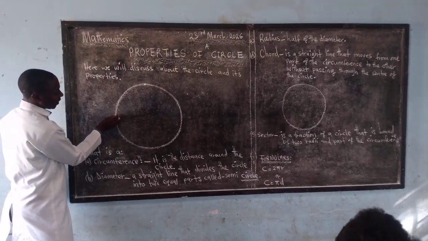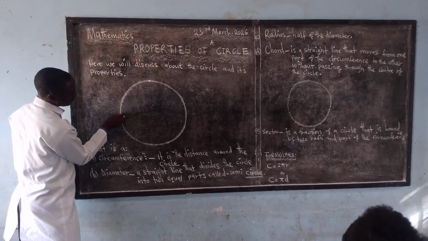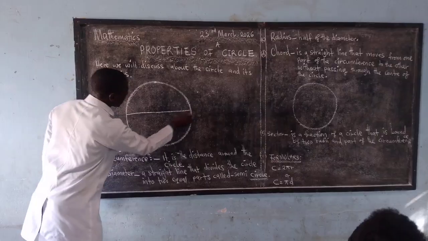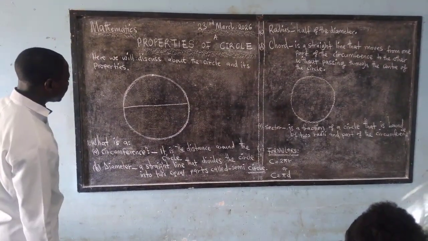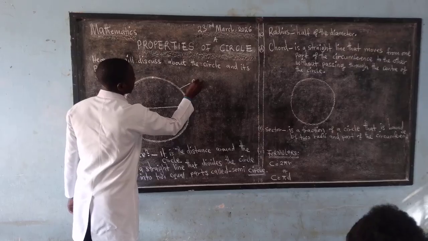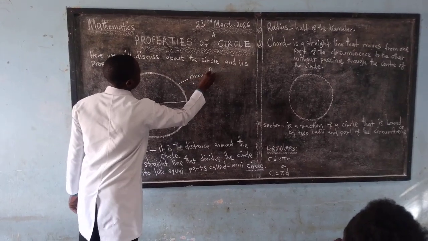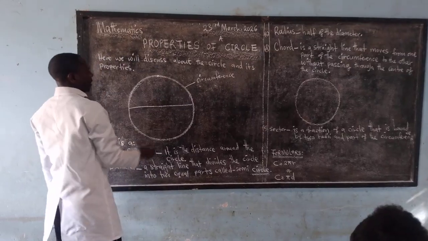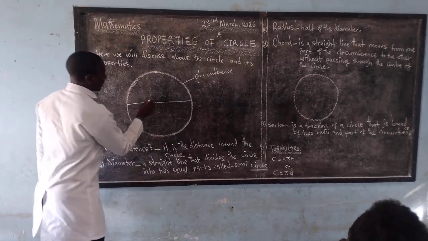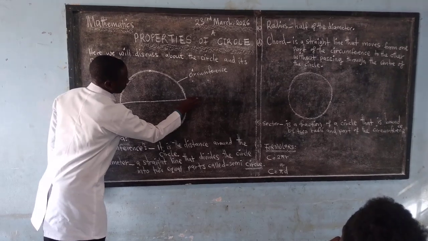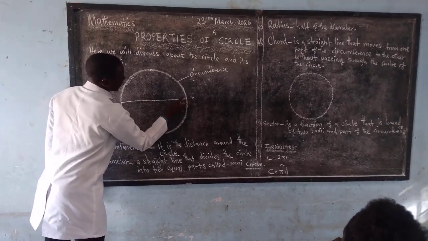Let's come to the center of the circle and divide it into two. The line that divides the circle into two equal parts is called the diameter. This is the circumference, and this is our diameter.